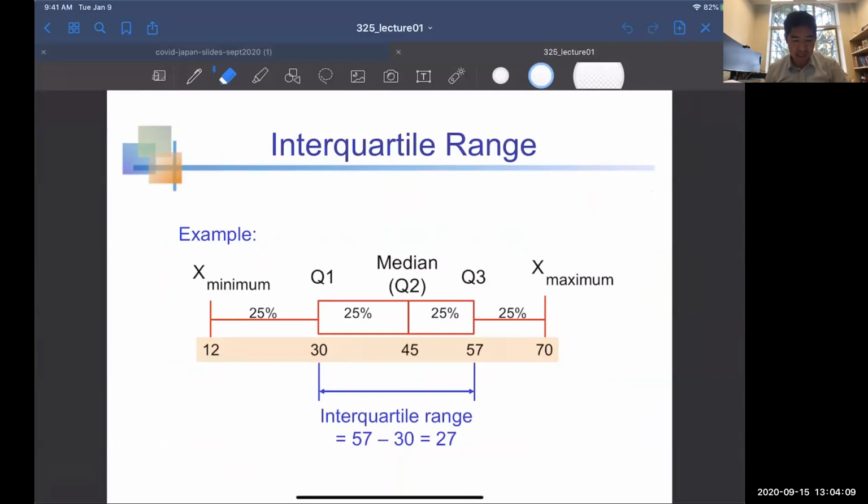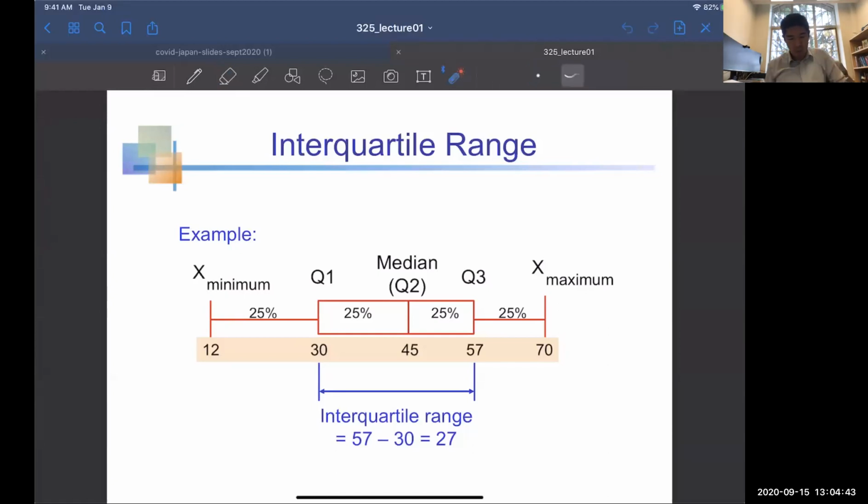Okay, and then there is a so-called interquartile range. And this type of box plot is very, very useful for visualizing the data, and often people use it with different percentiles sometimes, but interquartile range is very useful to think about the presence of outlier, as well as where most of the observation lie in the middle.